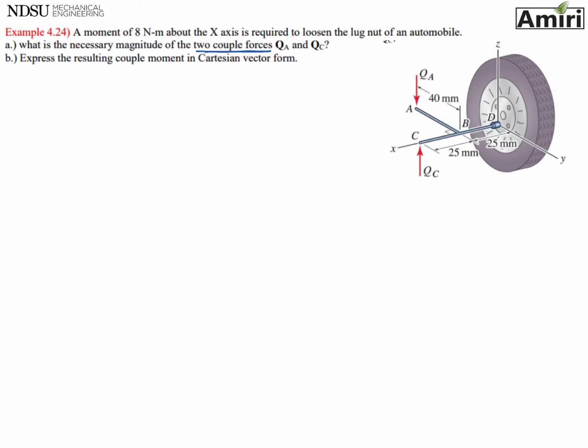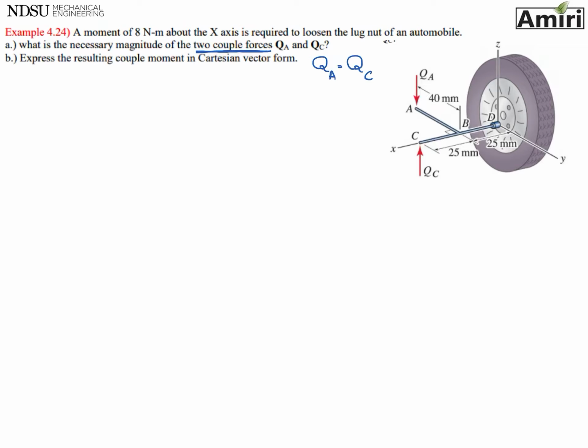Two couple forces. So that means QA and QC are parallel, opposite direction, same magnitude, separated by a distance. Immediately the information I get from here is that QA and QC are equal because they are a couple. So what is the necessary magnitude of the two couple forces? Or in other words, just find one of them.